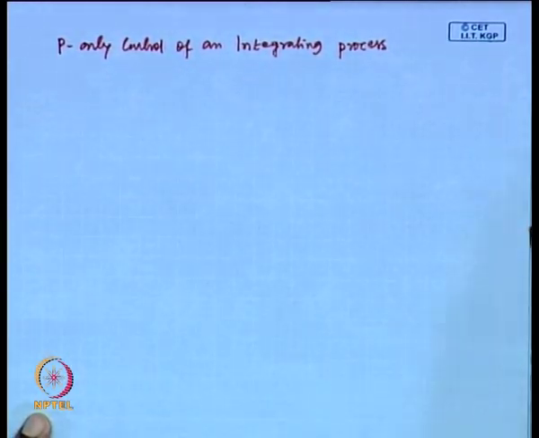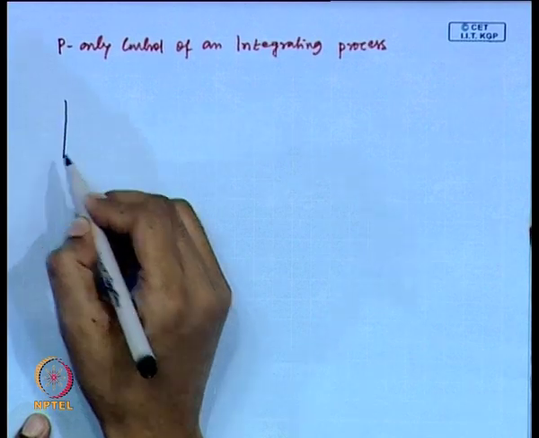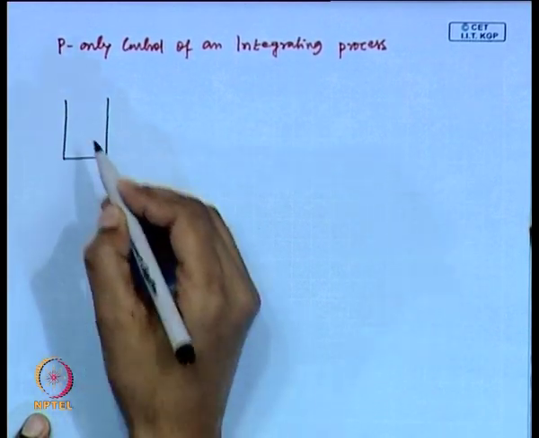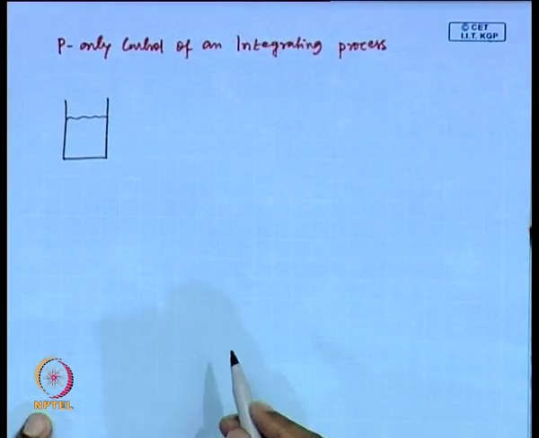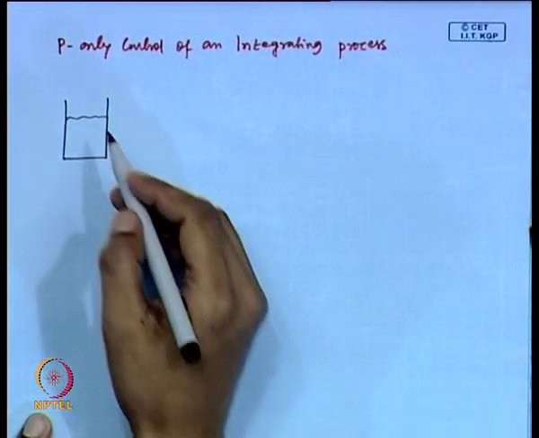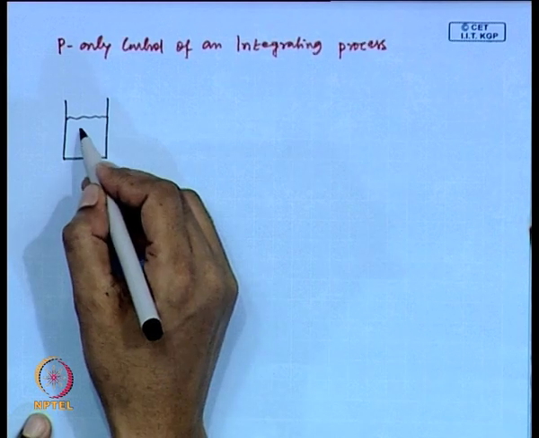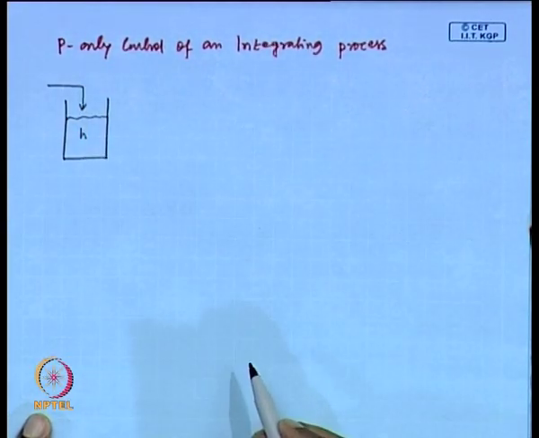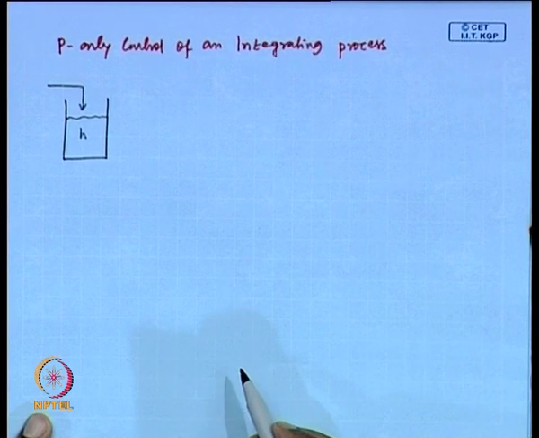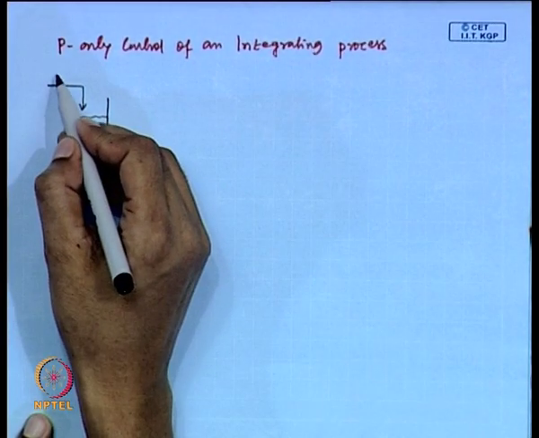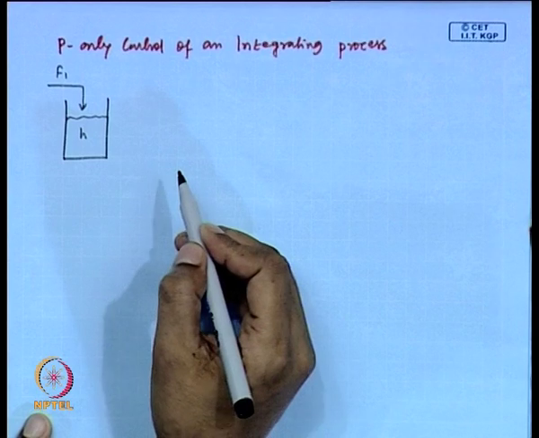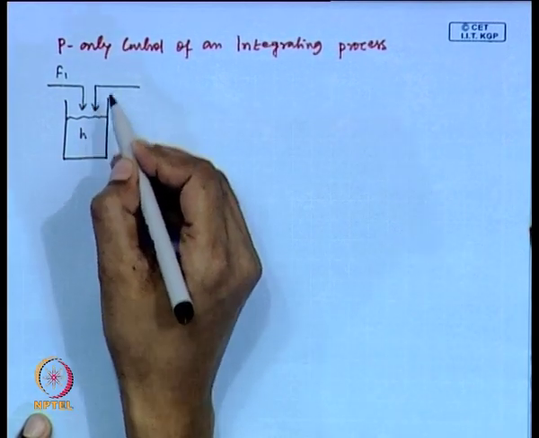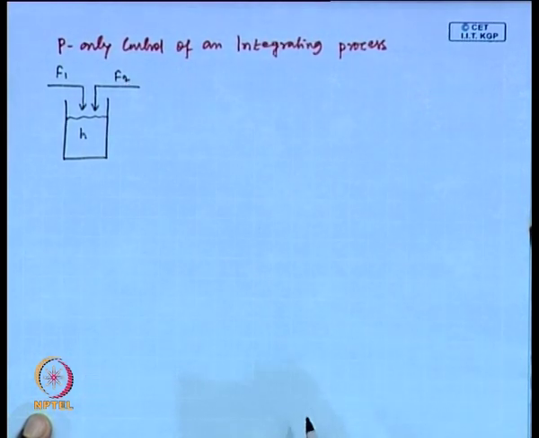So, for this purpose we need to consider an integrating process. This is a liquid tank. Two input streams are involved in this example. One is F1, another one is F2.